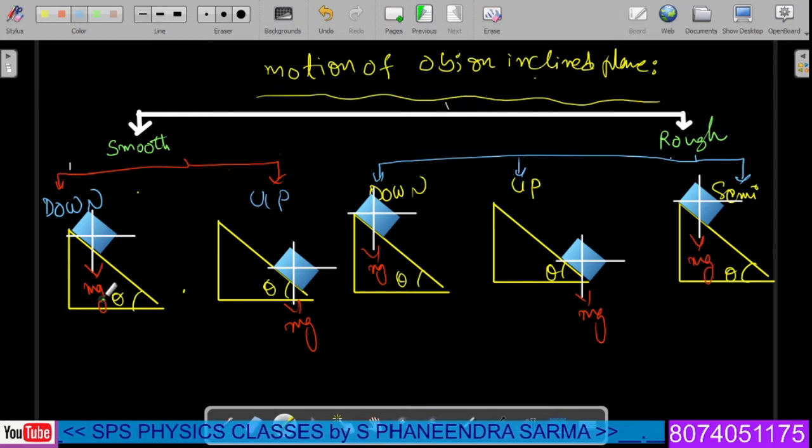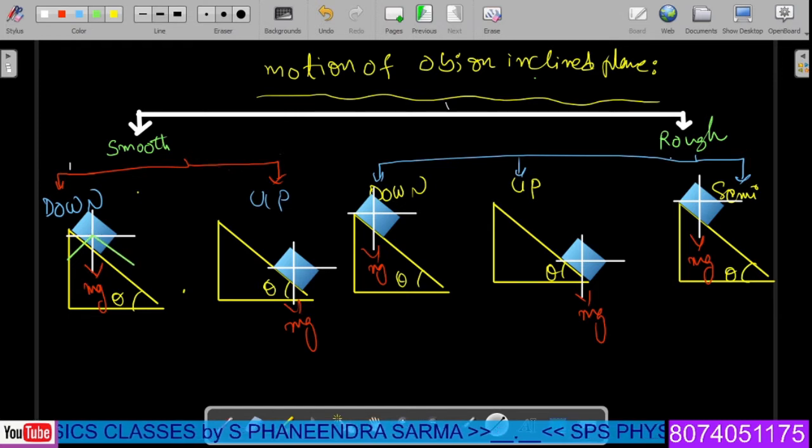Upon resolving this particular mg into components, these are the perpendicular components we have.